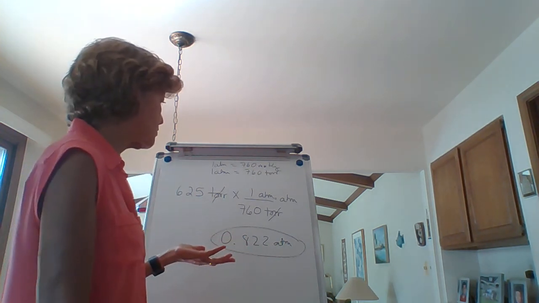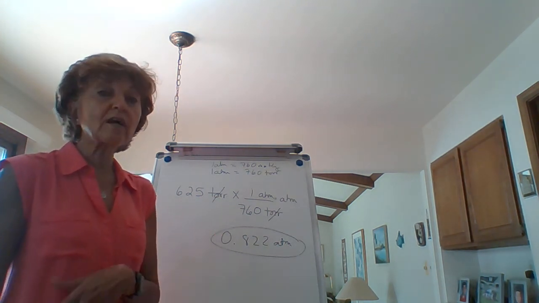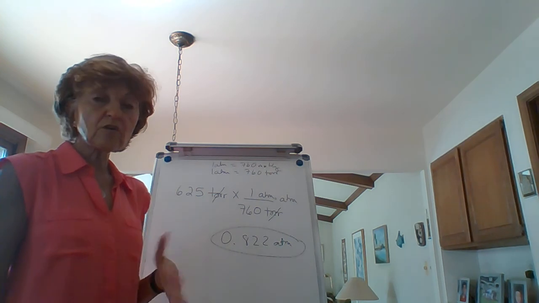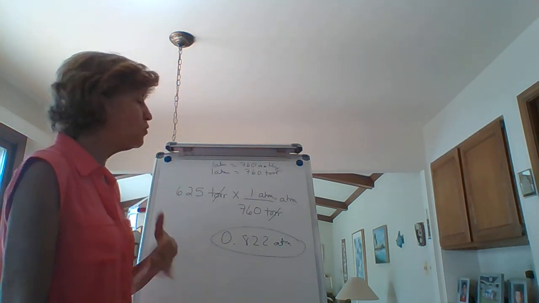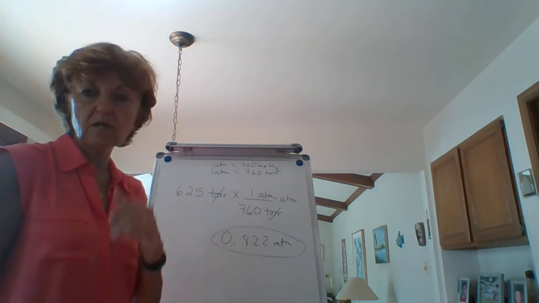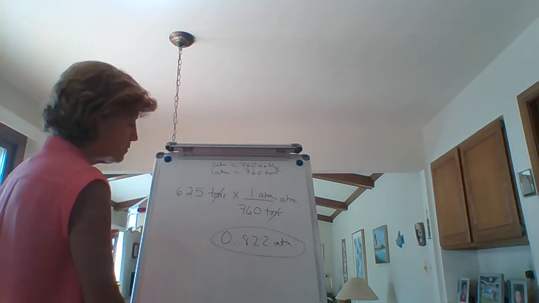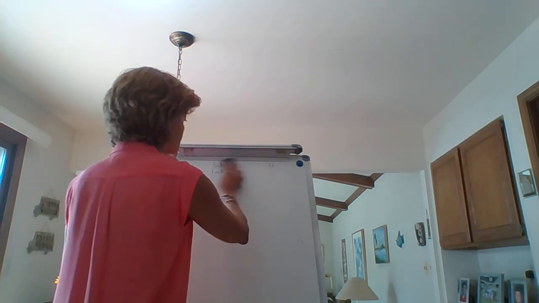So this shouldn't be a problem at all. You should be able to convert atmospheres to pascals or atmospheres to psi. The one you're going to be using the most, honestly, is millimeters of mercury or torr and atmosphere. Those 3 are the ones that you're going to use the most in the calculations. Okay, but you have all of the conversion factors just in case.